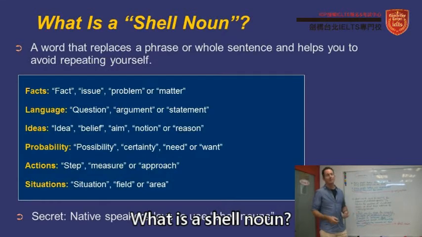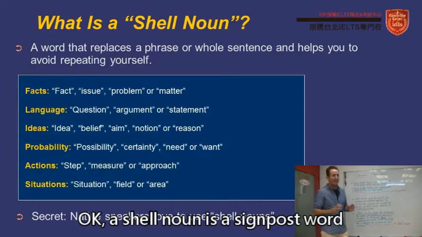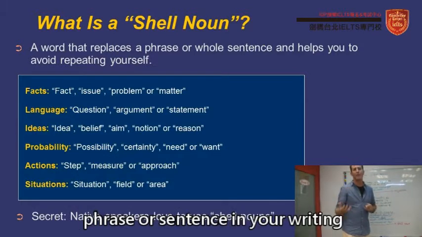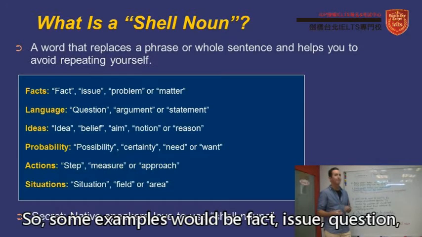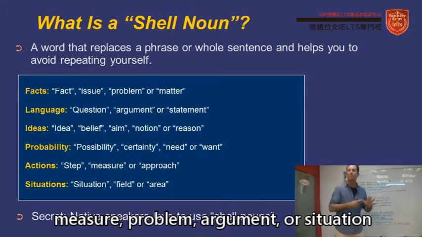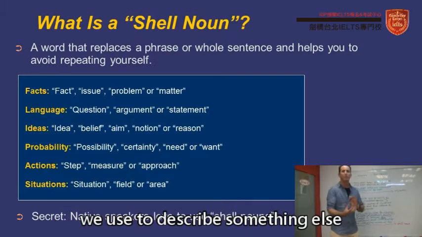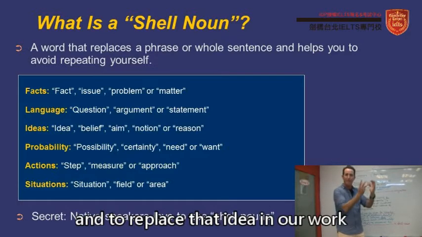What is a shell noun? Okay, a shell noun is a signpost word or a replacement word that replaces another word, phrase, or sentence in your writing. So, some examples would be fact, issue, question, measure, problem, argument, situation. All of these words are abstract nouns that we use to describe something else and to replace that idea in our work.